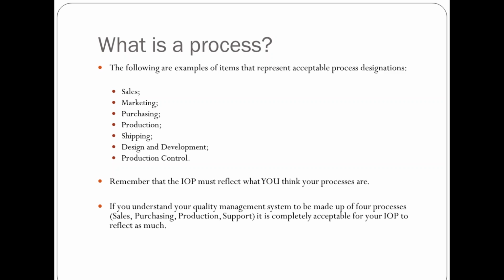It's completely okay for your IOP to reflect a rather simple and straightforward set of named processes, as long as it covers the entirety of your system and as long as those processes reflect the full measure of the applicable standard, then it's considered acceptable.